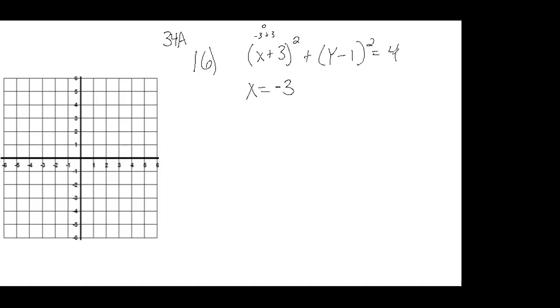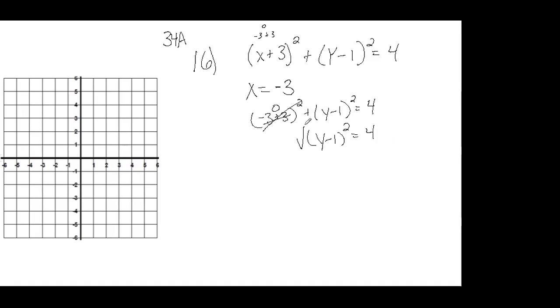And then I'm going to say, what is my y? So if I put in negative 3, I have negative 3 plus positive 3 squared plus y minus 1 squared equals 4. So positive 3, negative 3, this becomes 0. 0 squared, still 0. So I'm left with just y minus 1 squared equals 4.